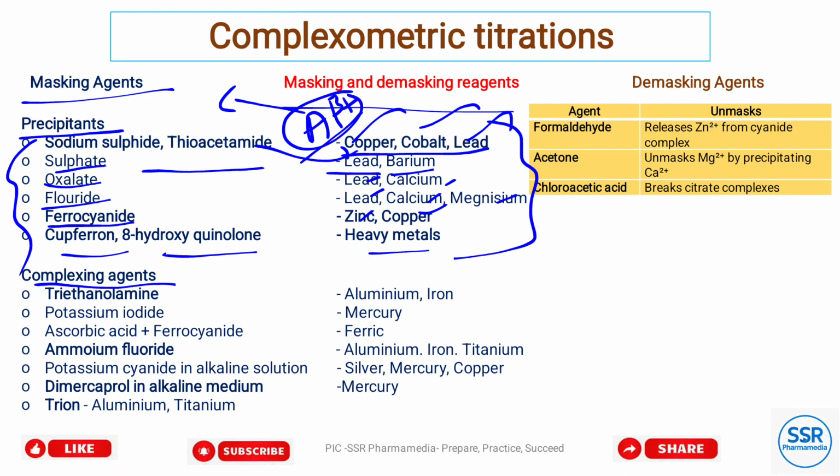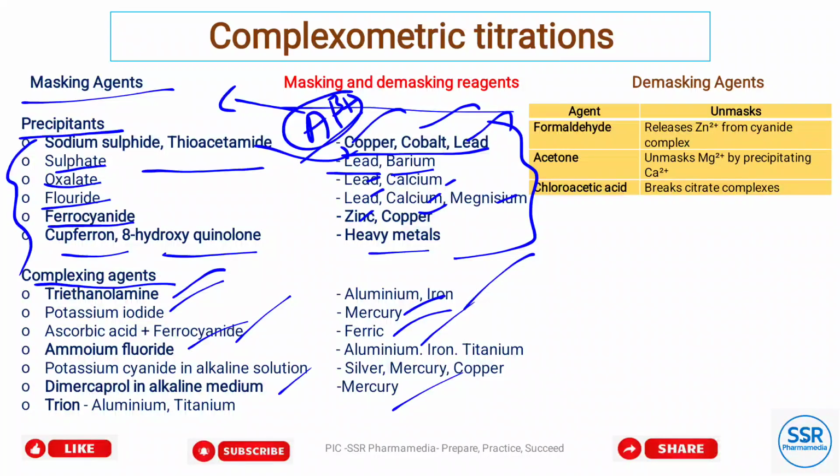And complexing agents. Triethanolamine is used for aluminum and iron. For masking, potassium iodide is used for mercury, ascorbic acid plus ferrocyanide for ferric, ammonium fluoride for aluminum, iron and titanium, and dimercaprol for mercury.